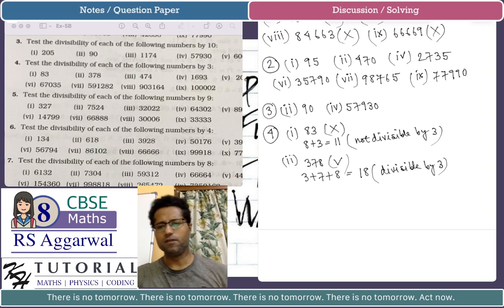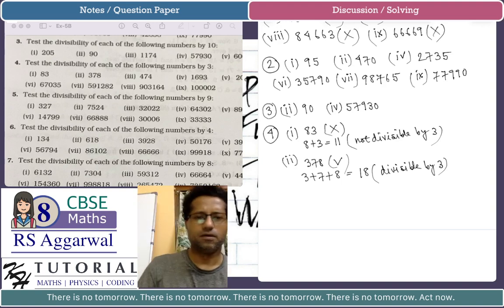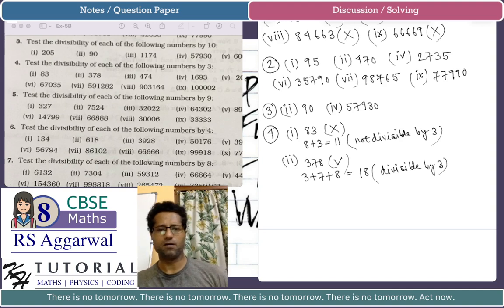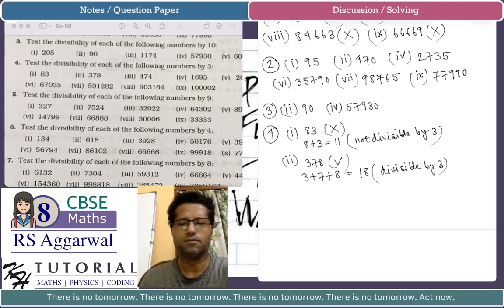Now, it will really be a waste of time if I try to solve all the problems. The concept is clear, and you just have to add the digits and see whether the sum is divisible by 3 or not. Let's do three more.